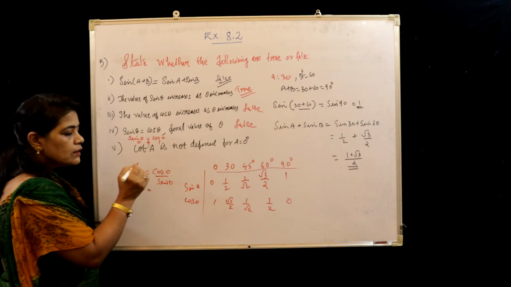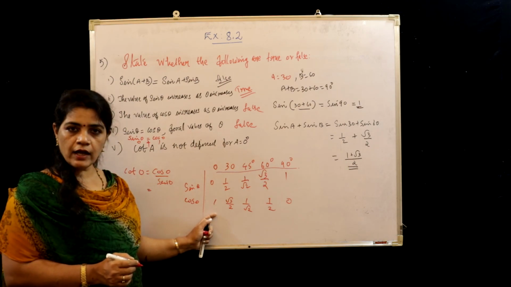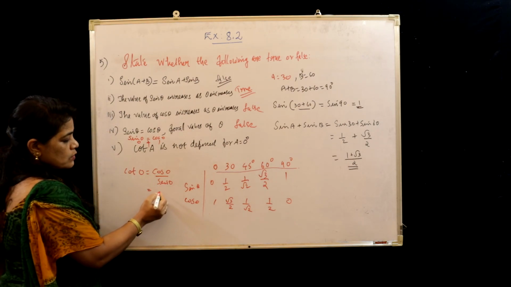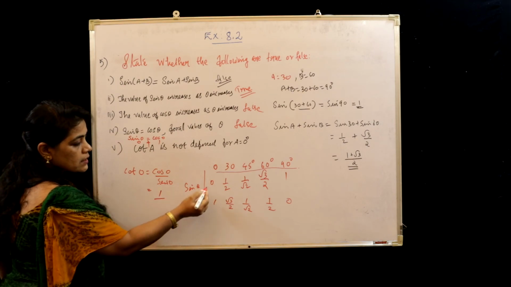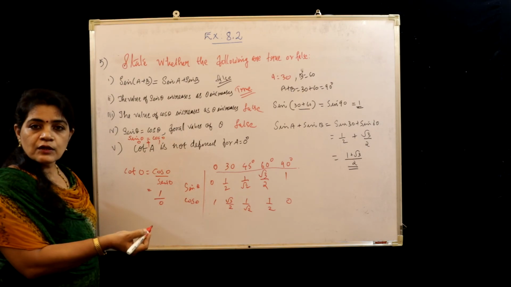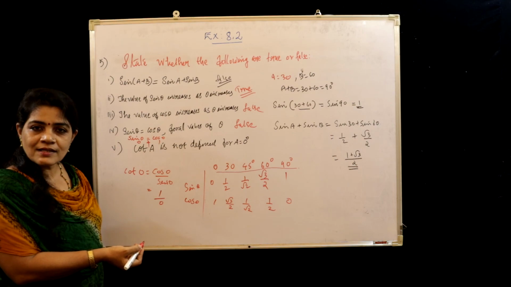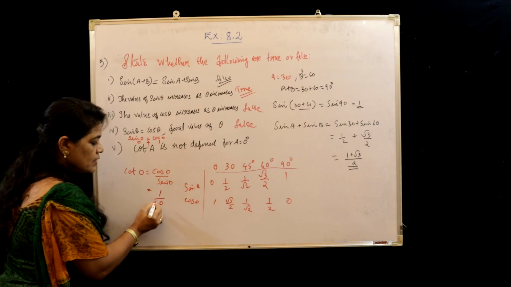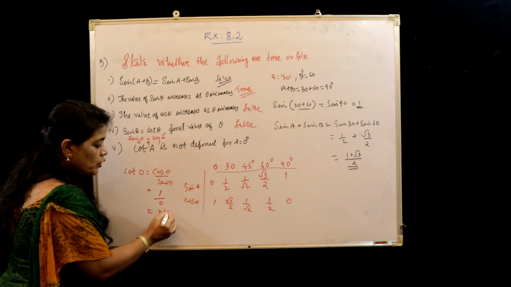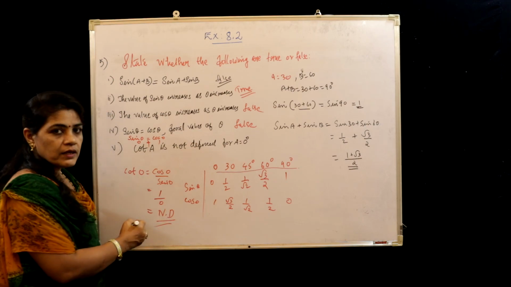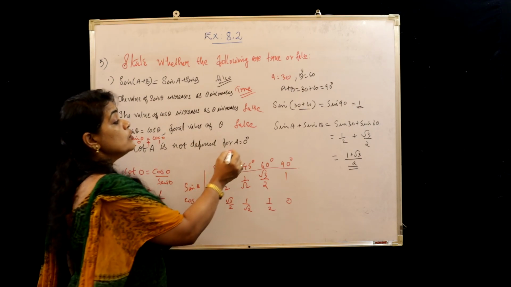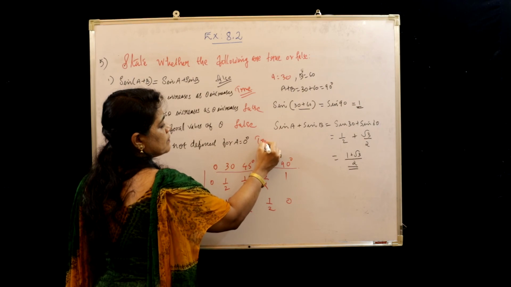And we know the value of cos 0 is 1. So, 1 divided by sin 0, which is 0. So, 0 comes in the denominator, which means this is not defined. 1 by 0 is not defined. That means the last statement is a true statement.